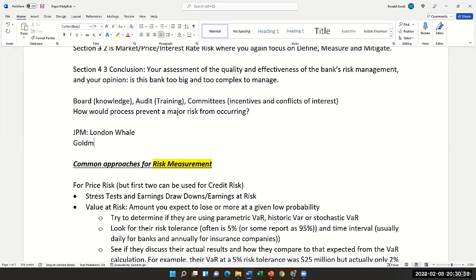Goldman. I can never remember the letters here. Can't remember the name of the company. I haven't seen it in a while, but I can probably find it in here.